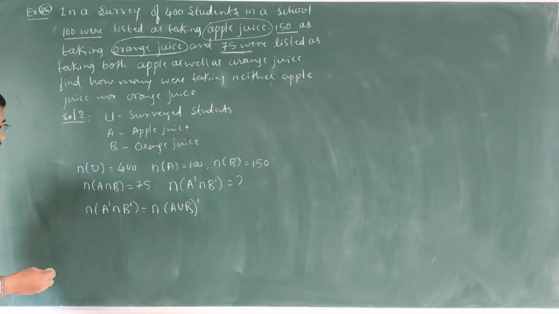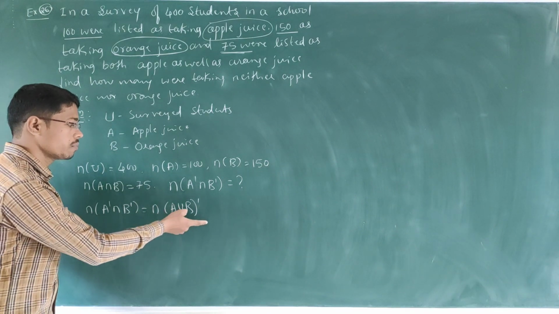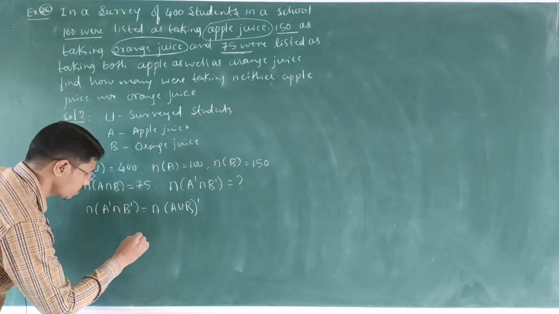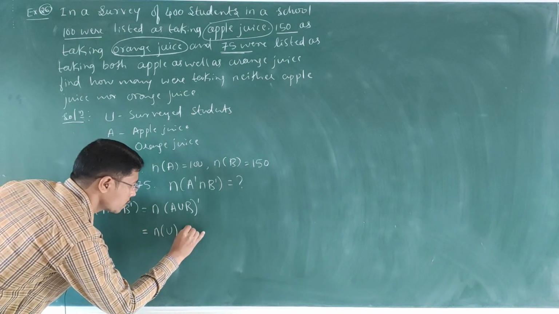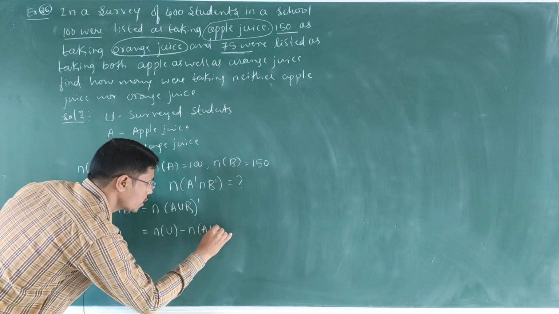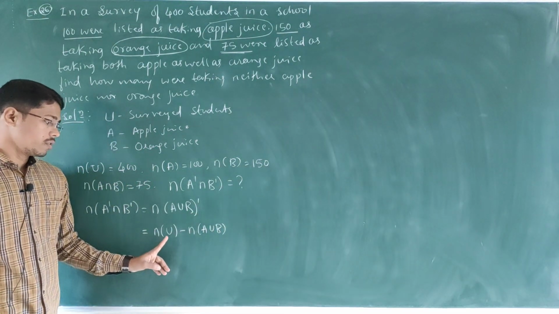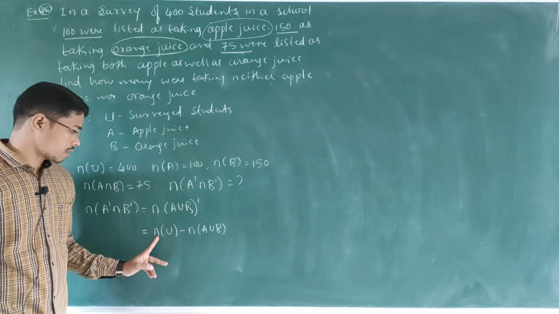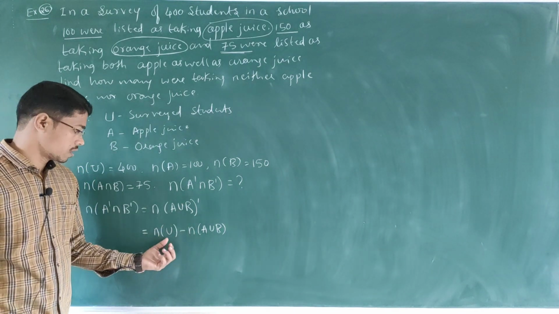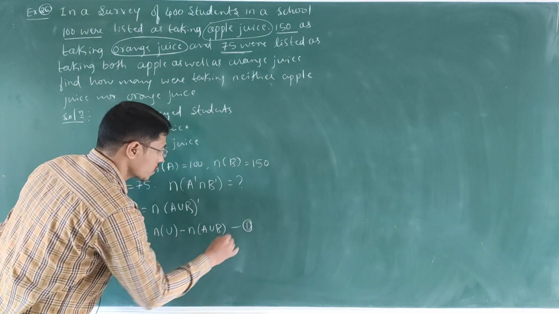Using De Morgan's law, A dash intersection B dash equals the complement of A union B, right? This I will write as n of U minus n of A union B. So complement is nothing but the universal set minus this set, subtraction from the universal set, n of U minus n of A union B. So call this equation 1.